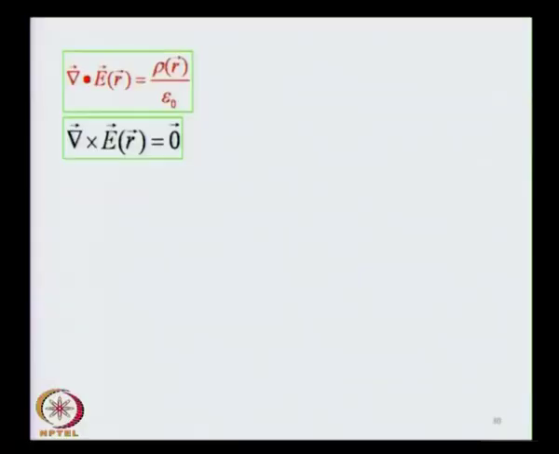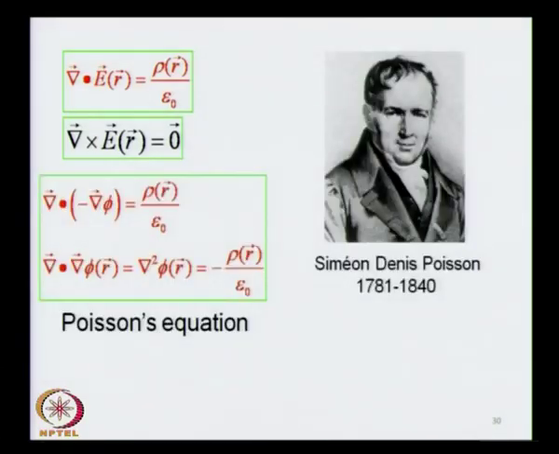So, here for the electric field we already have the results for divergence and curl of the electric field, and if you express this first equation, the divergence of the electric field, the electric field itself is the negative gradient of the potential.